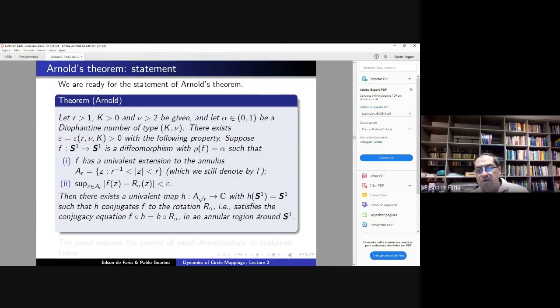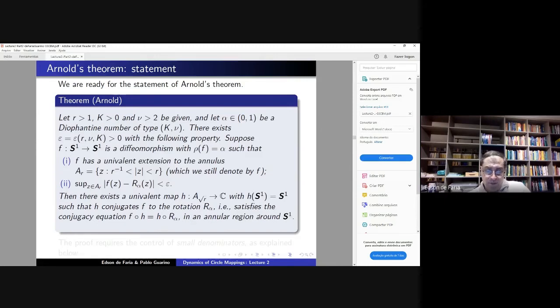Since it's univalent, it gives you an analytic diffeomorphism of the circle, and h actually conjugates f to the rotation R alpha. So the conclusion of this theorem is that f is analytically conjugate to the rotation by alpha on the circle, and in fact it's even a bit stronger, since it holds in an annular region around the circle.